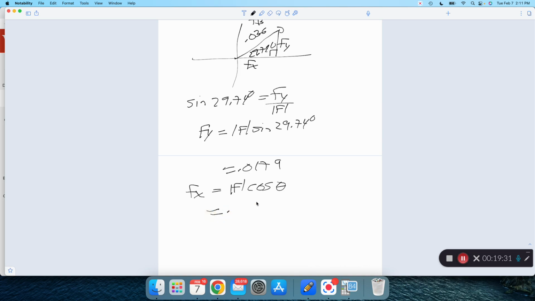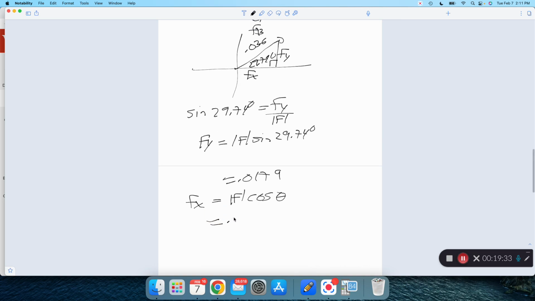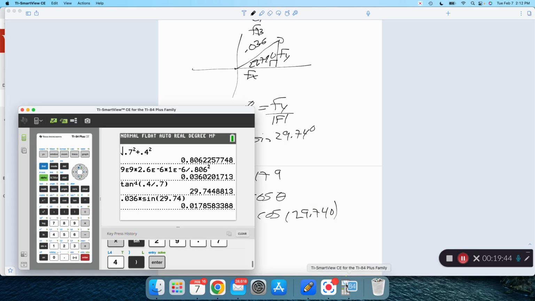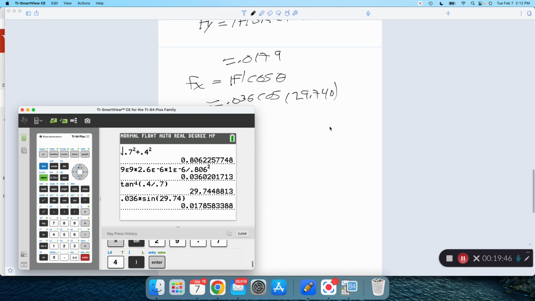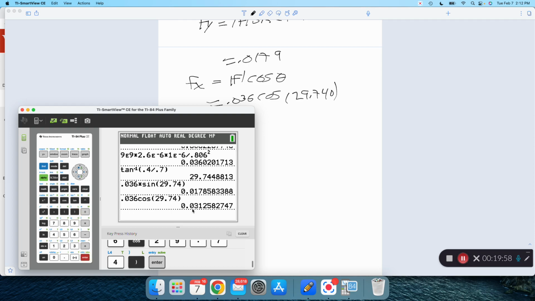So this would be 0.036 cosine of 29.74 degrees. 0.031.